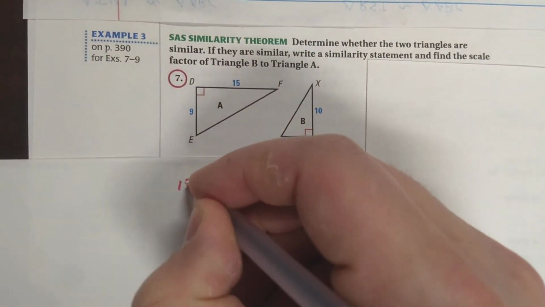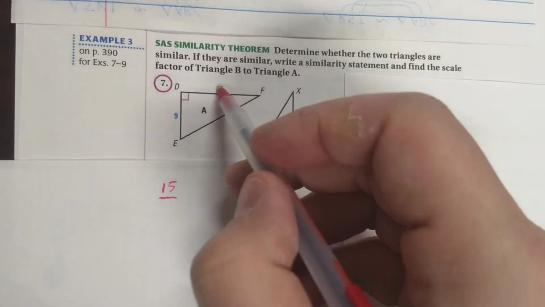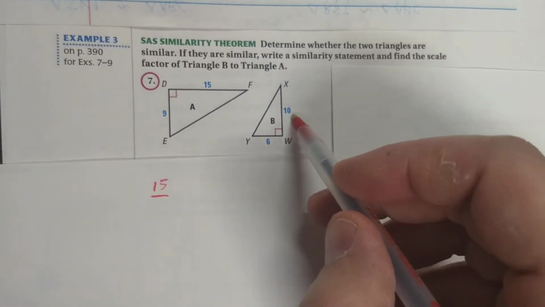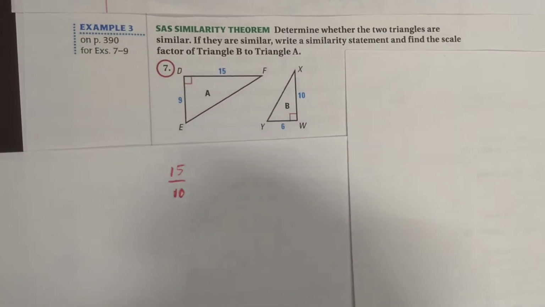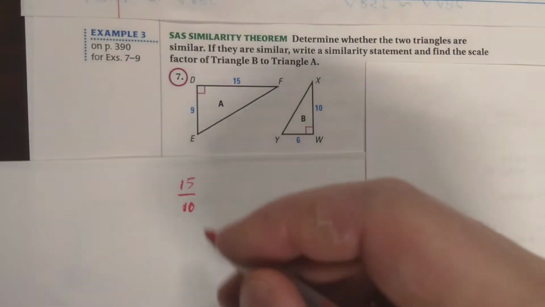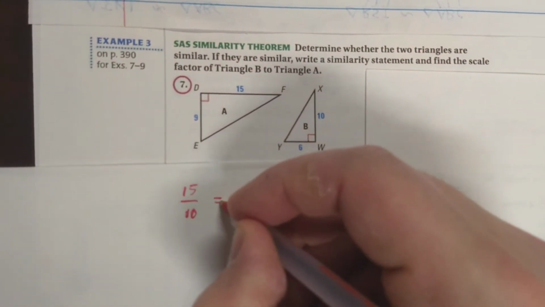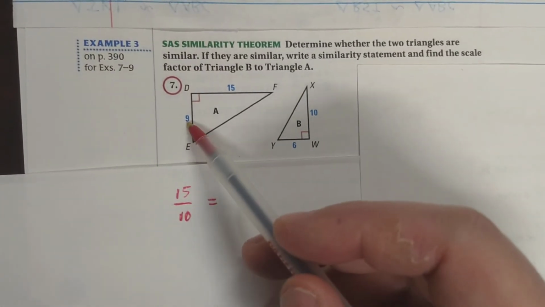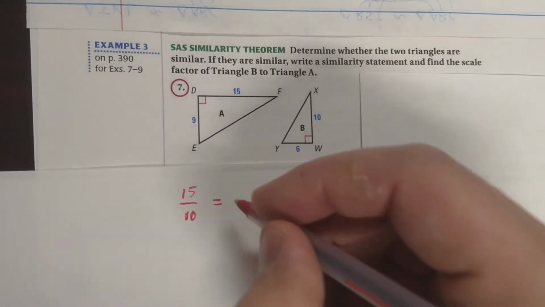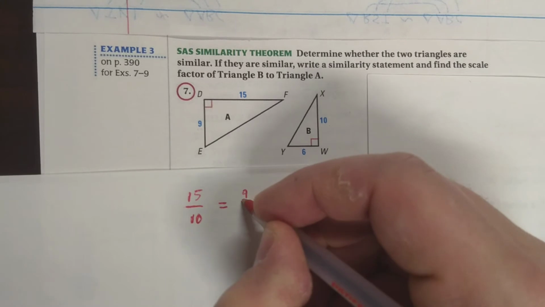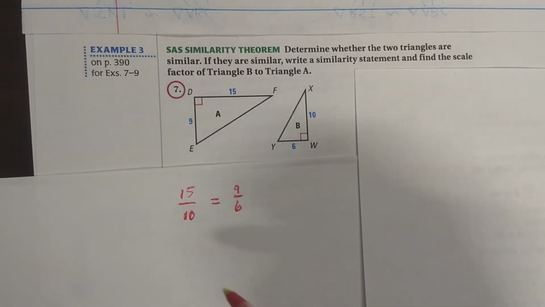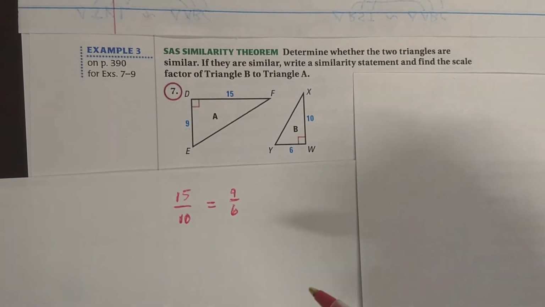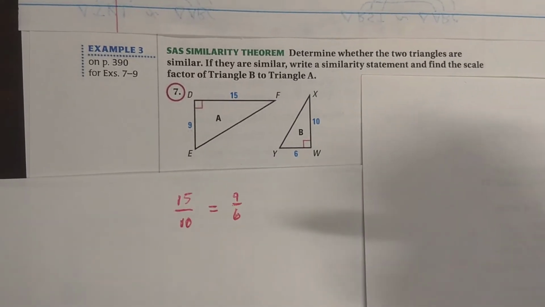15, the side coming off that right angle in the large triangle, should correspond with 10, which is the large side coming off the right angle in the smaller triangle. It goes together as a ratio in the same way as the smaller side here goes with the smaller side here. So if these two ratios are the same, and we already know the angles are the same, then we can say these triangles are similar.